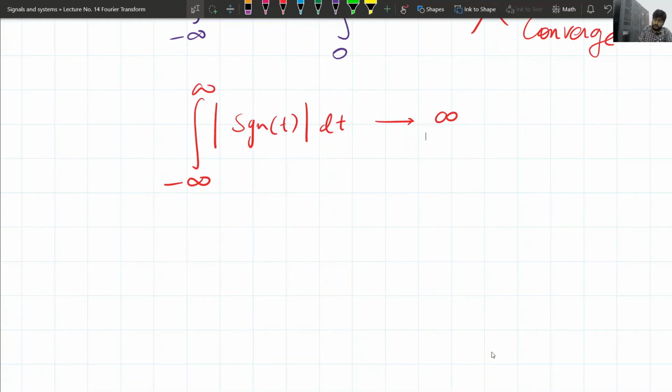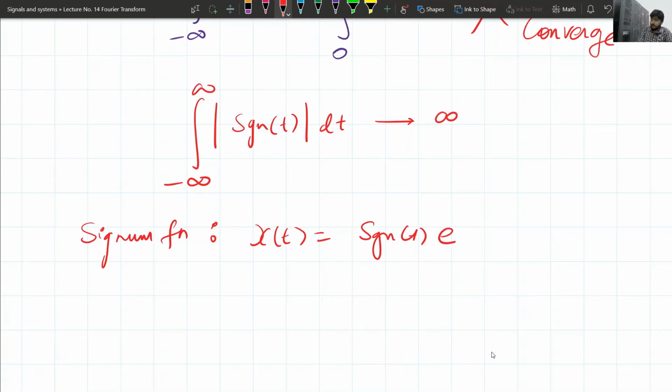Let's say we represent the signum function in another way. Let's say x(t) is equal to signum function of t multiplied by an exponential e to the power minus alpha mod of t, where alpha is greater than 0, a certain parameter.